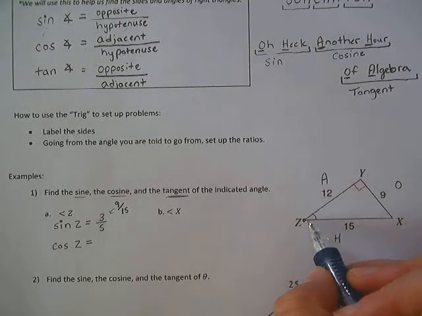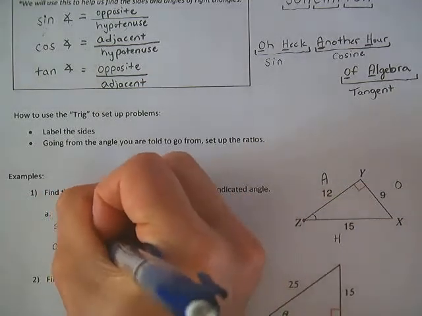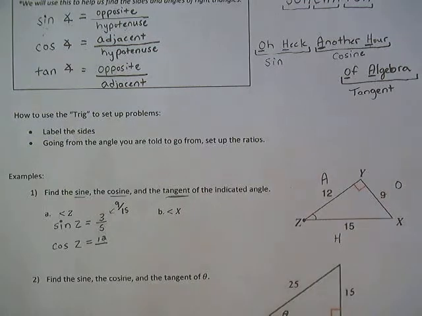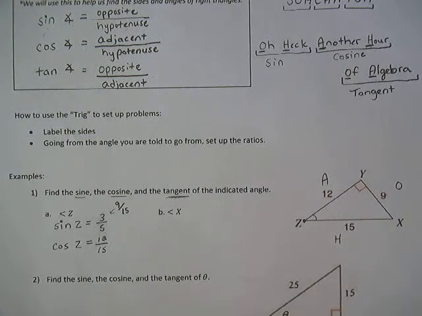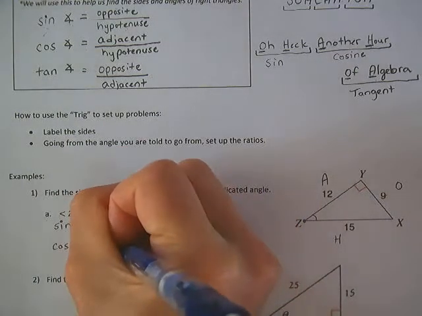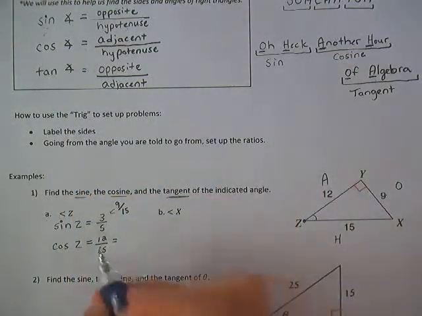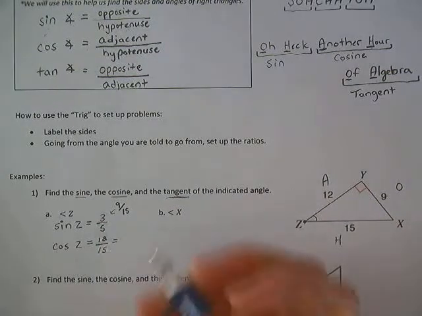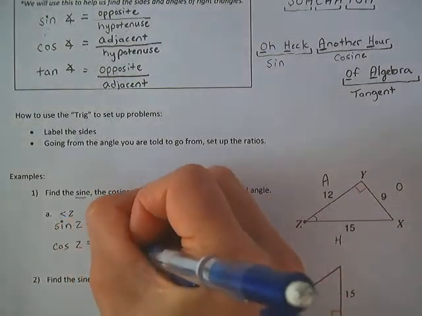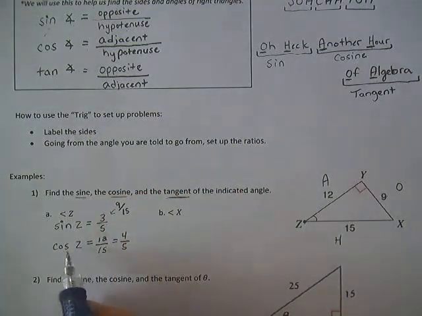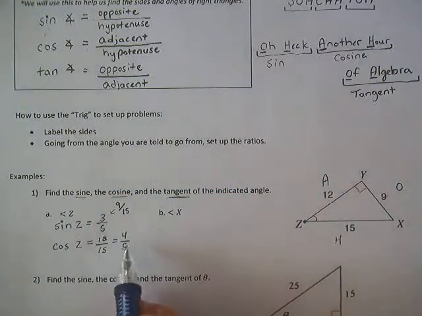So let's see, the side that was adjacent was 12 over the hypotenuse is 15. And so that would be 12 over 15. And that will reduce as well because 3 will go into both of those. And so I'll just write it to the side. So 3 goes into 12 4 times, and 3 goes into 15 5 times. So that is the cosine ratio.